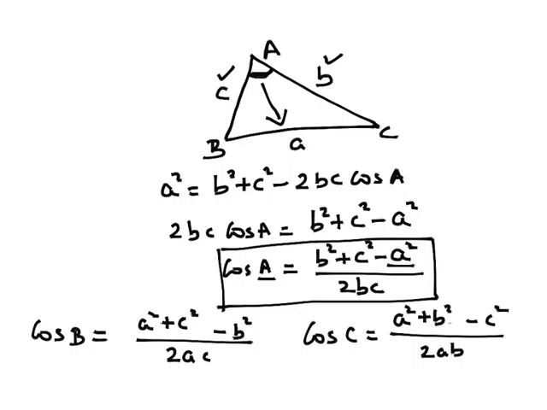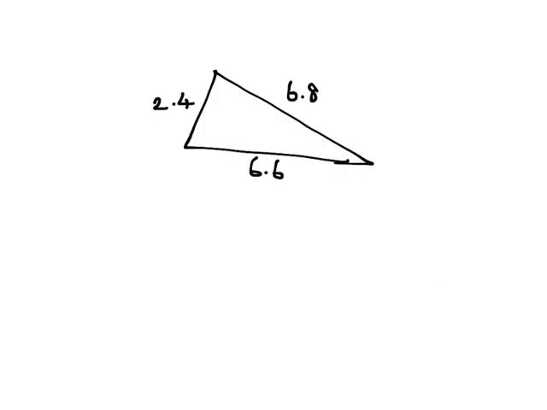Let me explain it with an example. Look at this problem, students. Here a triangle is given, which has three sides of length 2.4 centimeters, 6.6 and 6.8. Suppose we have to find this angle x. Then as per the cosine rule, cos x is equal to, the two sides that make this angle are 6.6 and 2.4, right?